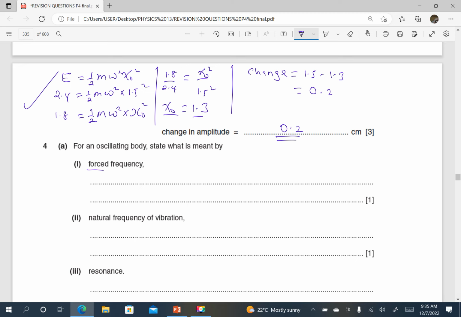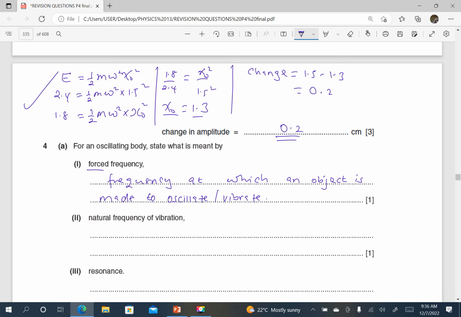So the frequency at which an object is made to oscillate or to vibrate.